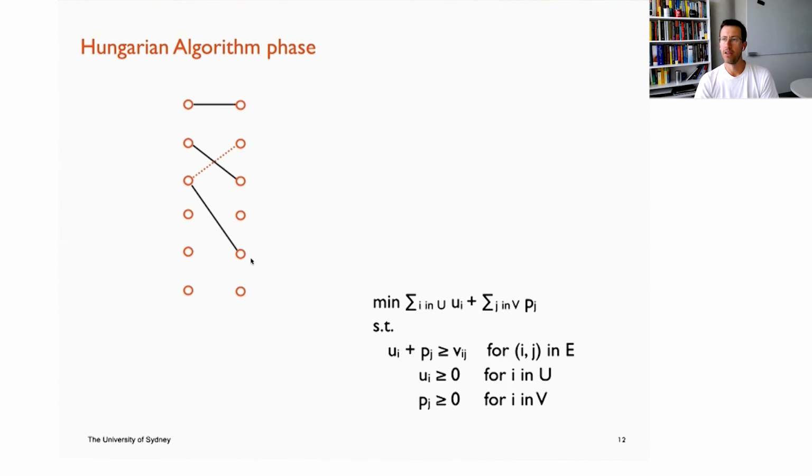Why? Because the updates that we do preserve tightness of the edges. So whatever we do down the line, this edge will always stay tight. And therefore, by the uncrossing lemma, we don't need to look at this edge here, because that would violate the fact that the dual solution that we keep is always feasible.